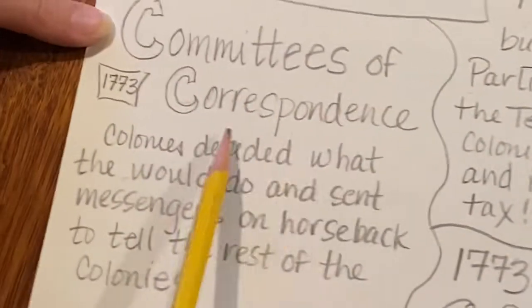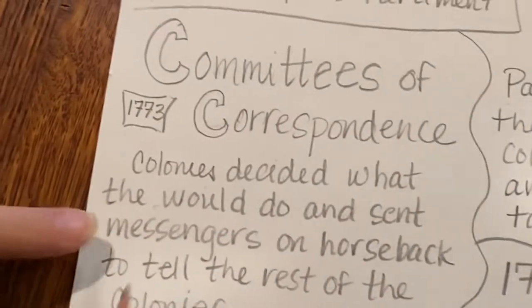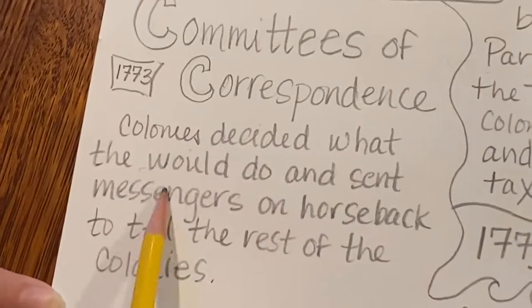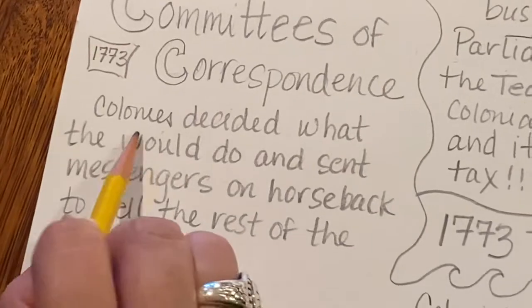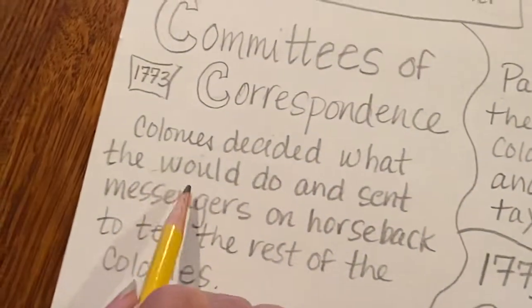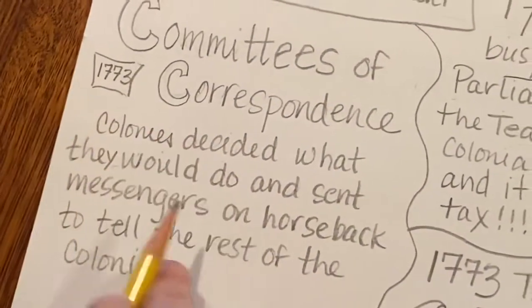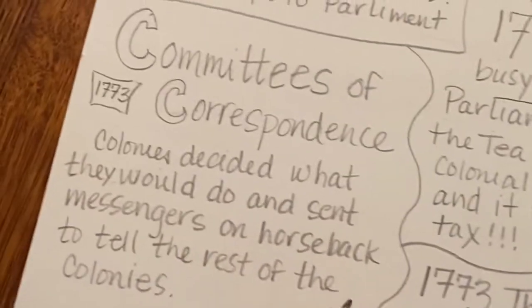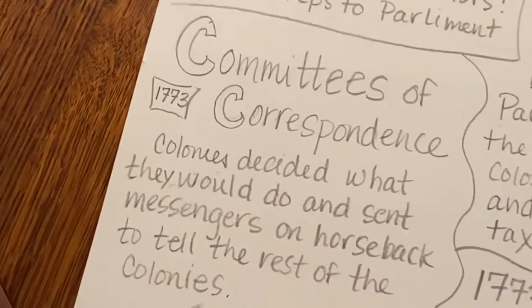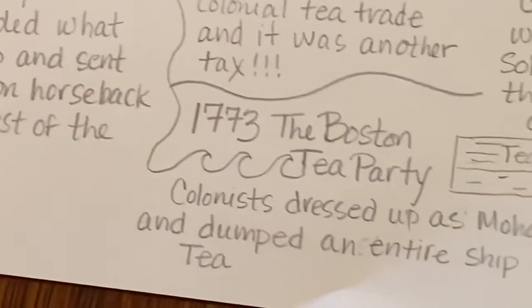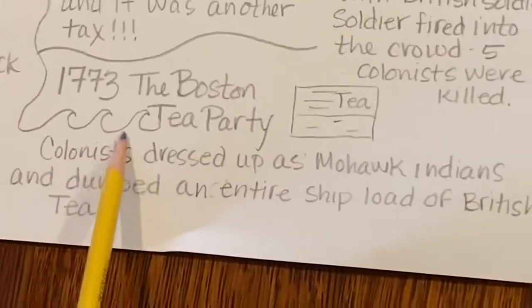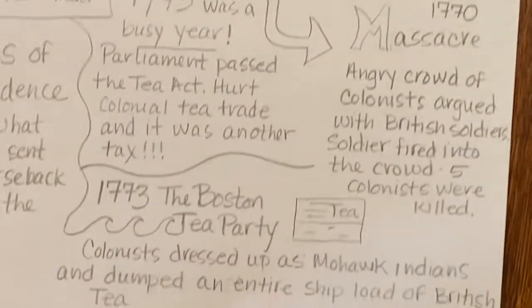The Committees of Correspondence. And a short description of what happened at the Committees of Correspondence, what that was. Colonies decided what they would do and sent messengers on horseback to tell the rest of the colonies. That's what that was. And then we have the Boston Tea Party.